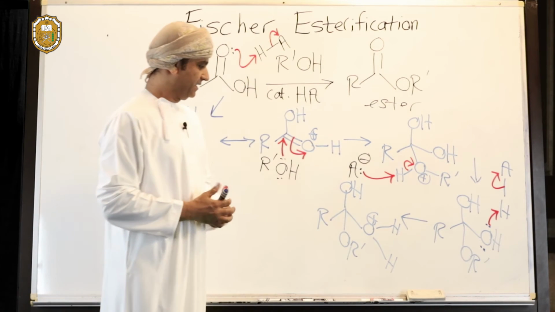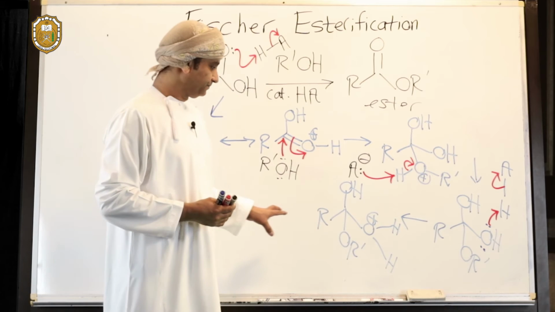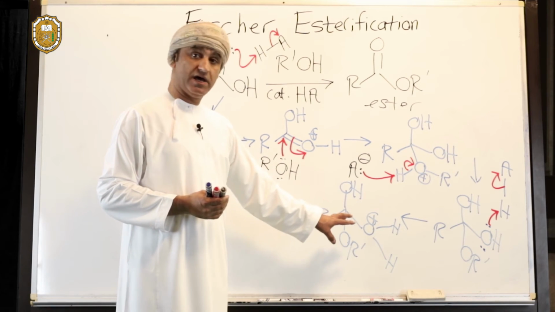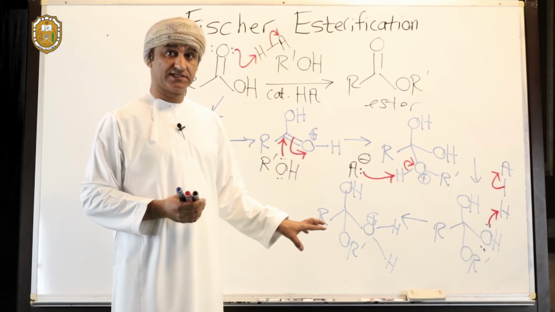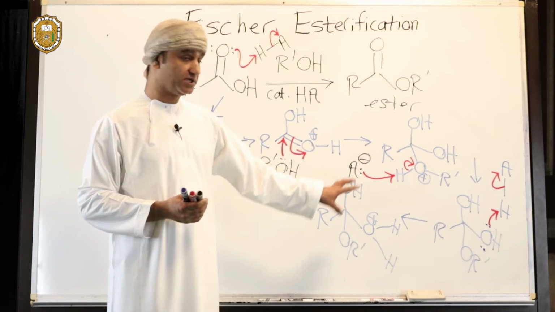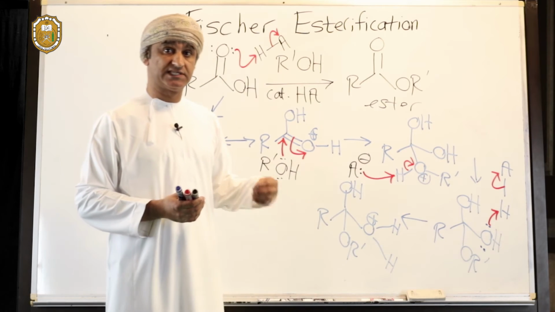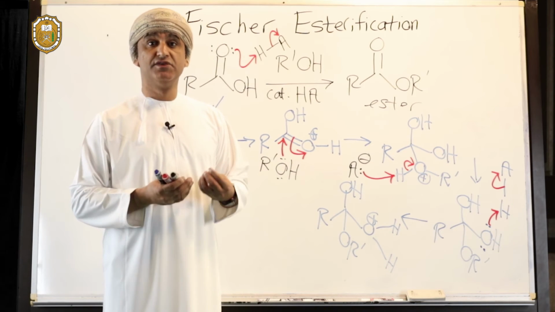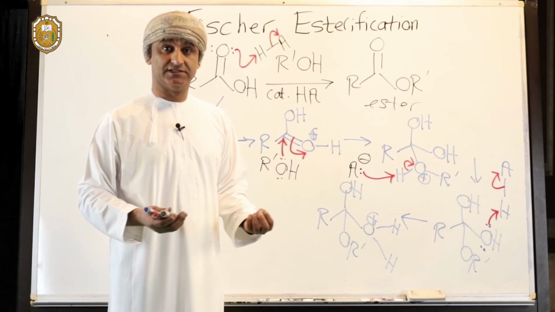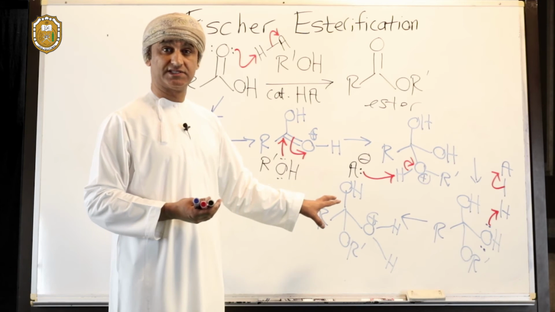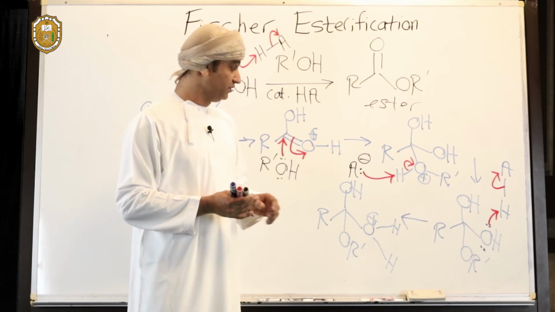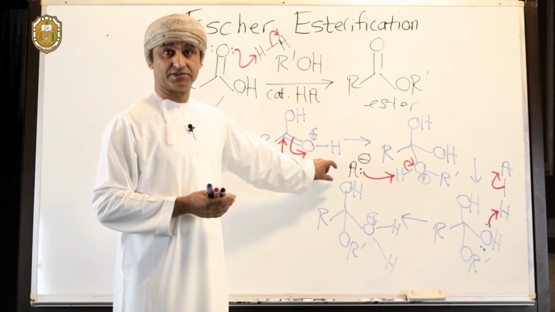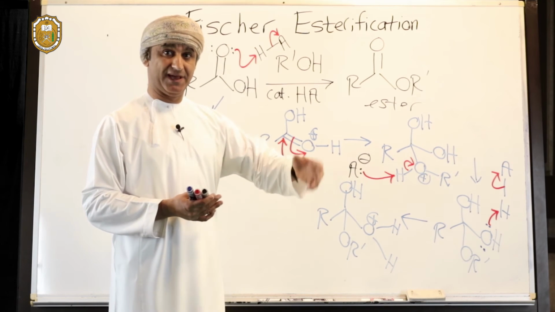This intermediate is actually then formed. So now OH2, or water, is an excellent leaving group. So this protonation is very important because it sets the stage for the departure of OH in the form, of course, of water, which is an excellent leaving group. So this OH2, or water, is actually ready to go. And we can use one of the lone pairs on this oxygen to expel it.